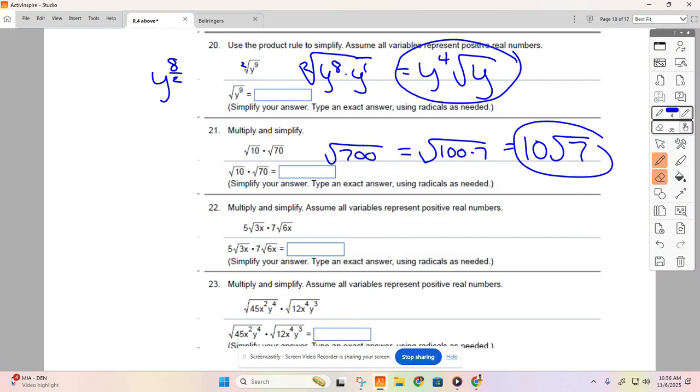So you got the 700 because 10 times 70, right? Yep. Couldn't you just divide 70 by 10 rather than multiplying? I don't understand. Rather than multiplying 10 by 70, couldn't you just divide and still end up with 10 and 7?